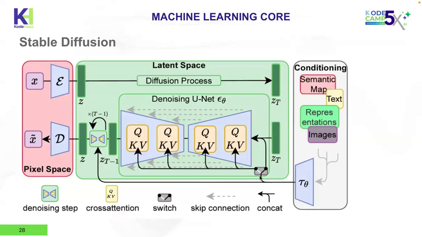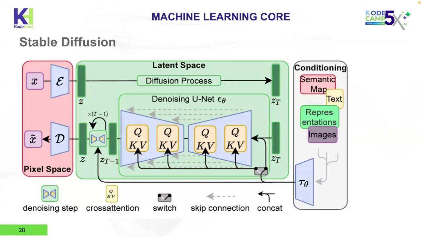In cross attention, the Q will come from the image side, while the KV comes from the text. The interesting thing is that all of this is happening in latent space.